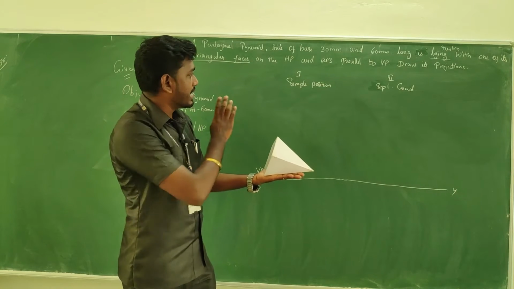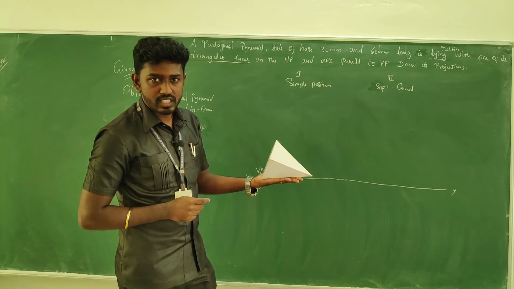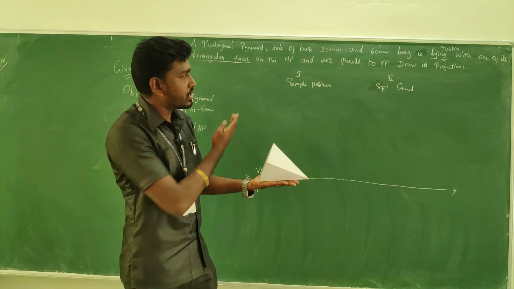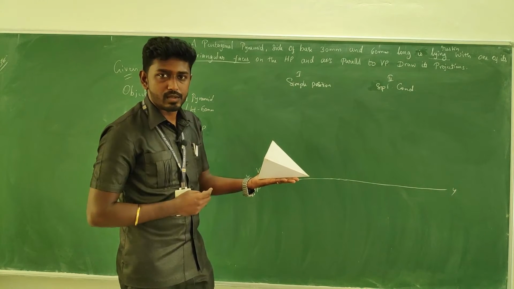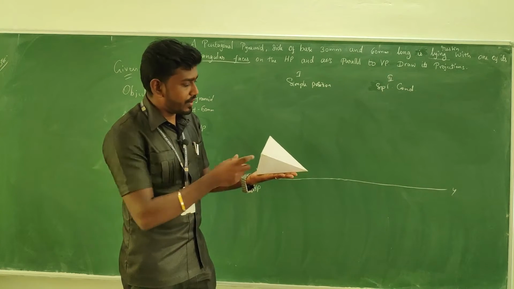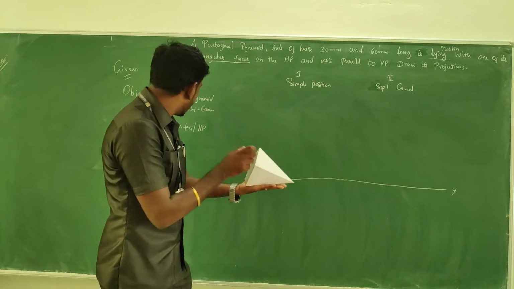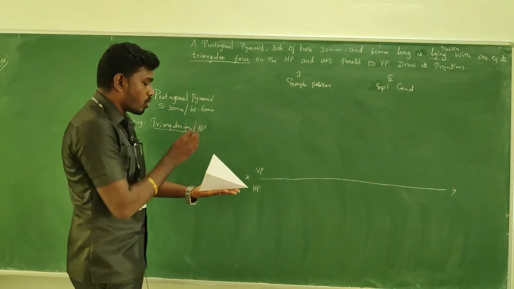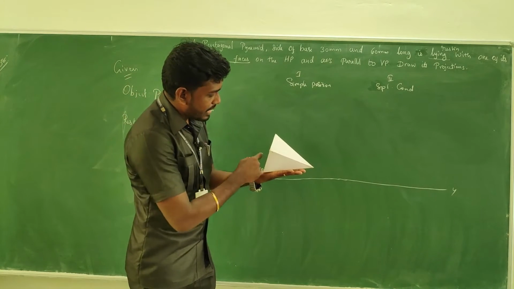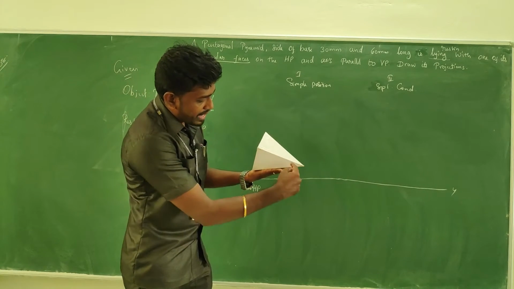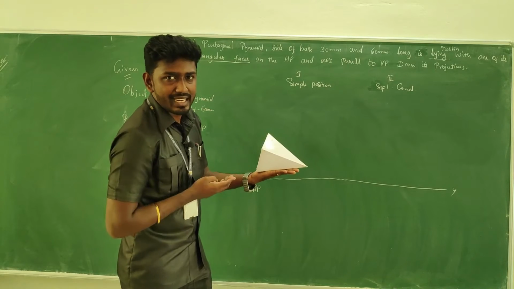How shall we take the simple position here? There is no axis inclination in the question, so how will you find it? Indirectly it is given. When you keep the object like this, parallel to VP, and make one of the triangular faces rest on HP, definitely if you see the axis, it will be inclined to HP.